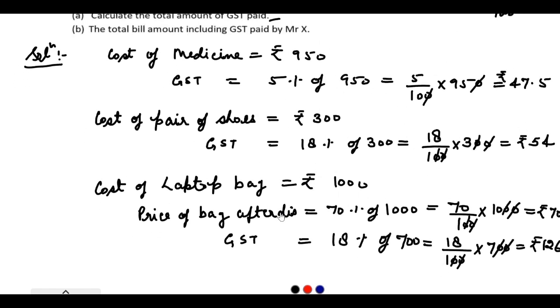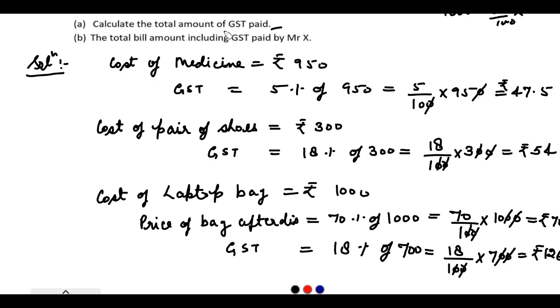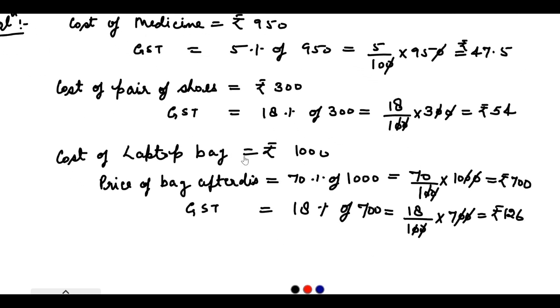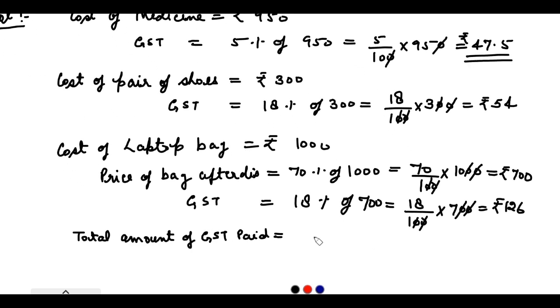Now calculate the total amount of GST paid. It is 47.5 plus 54 plus 126, rupees 227.5.